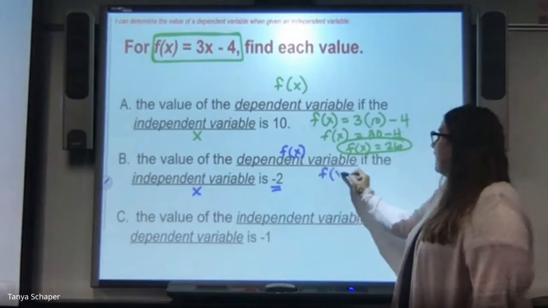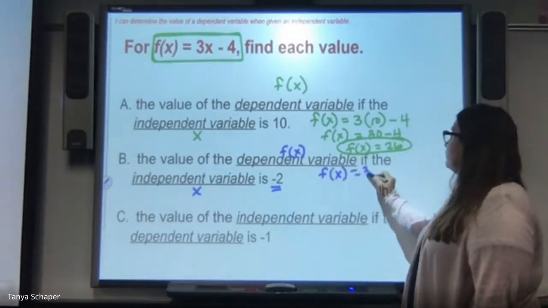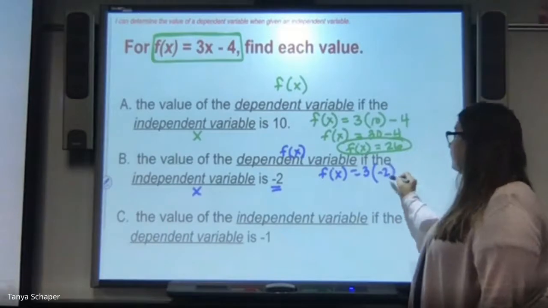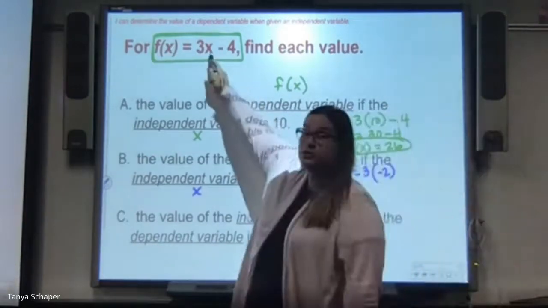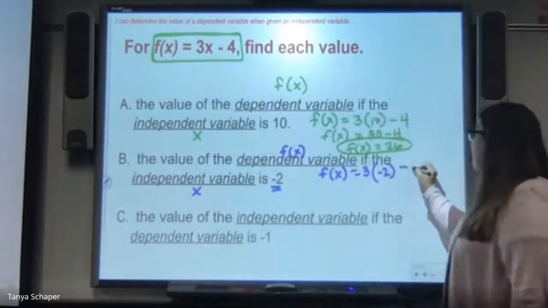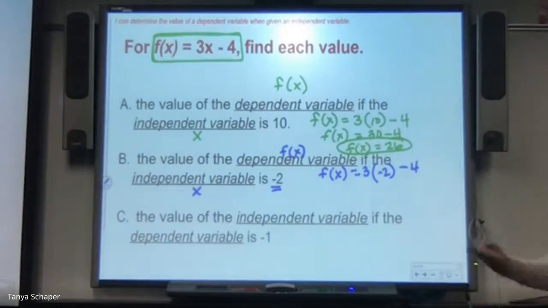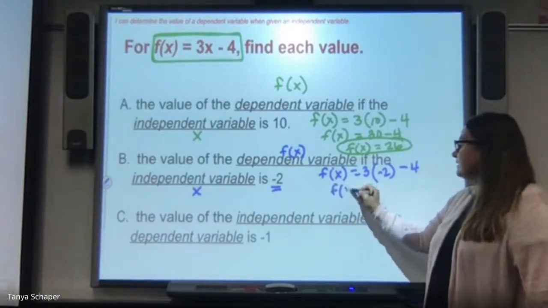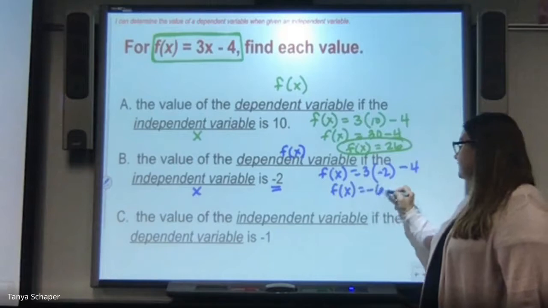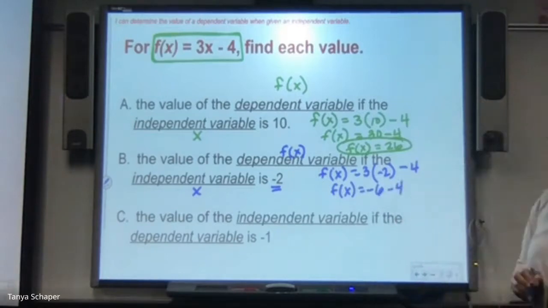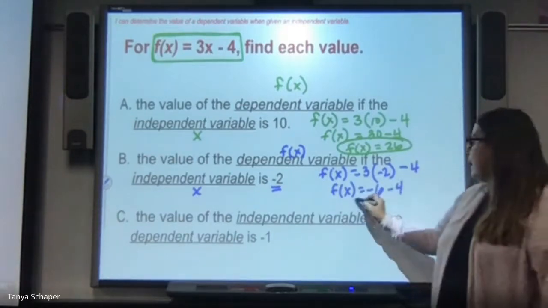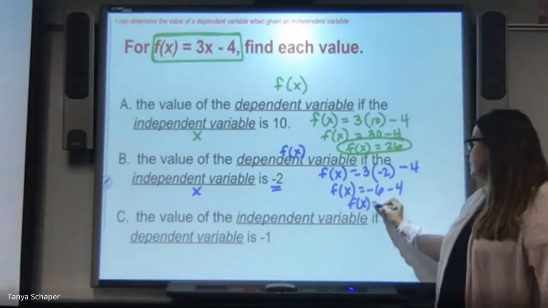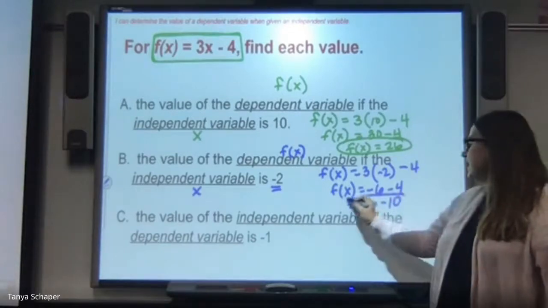So f of x is equal to 3 times -2, because I'm putting -2 in for x, minus 4. So f of x is -6 minus 4. F of x is equal to -10.